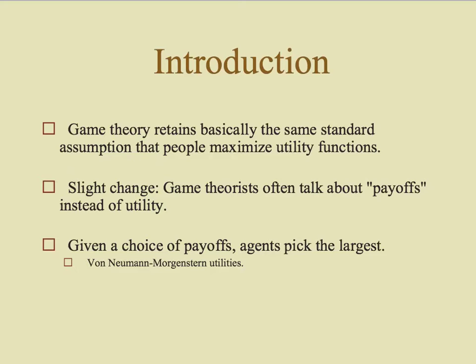Payoffs are usually interpreted as von Neumann-Morgenstern utilities, which allows us to sidestep issues of risk aversion. So you could have a game where the highest payoff seems like a really good choice, but it's really a risky strategy to get there, and a risk-averse person might not play that strategy.